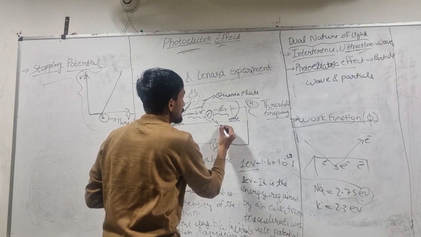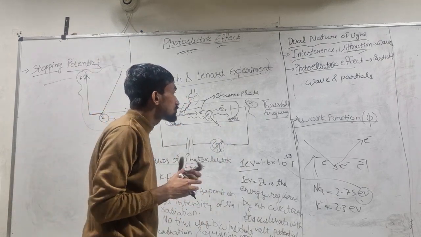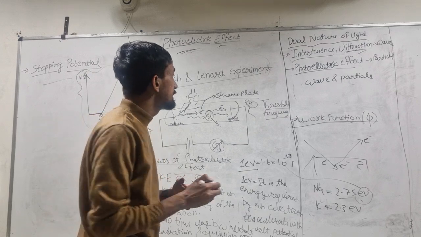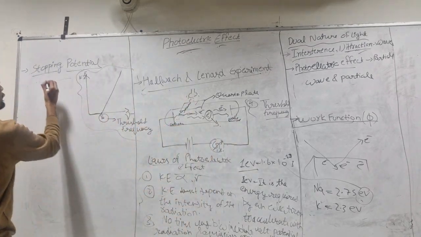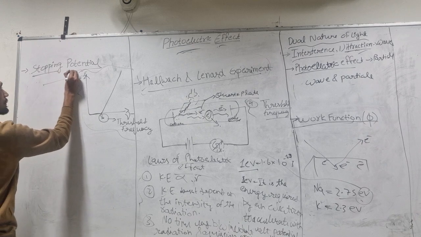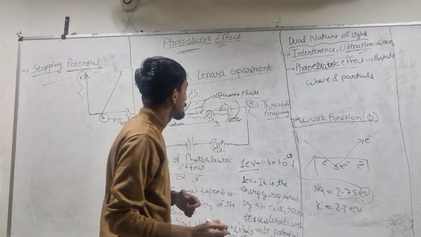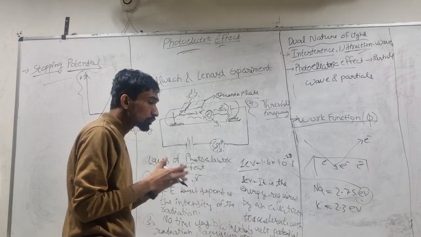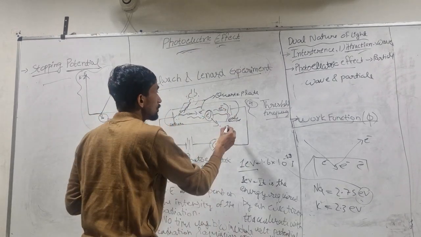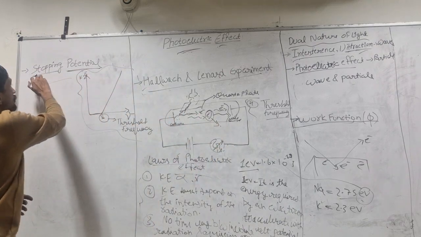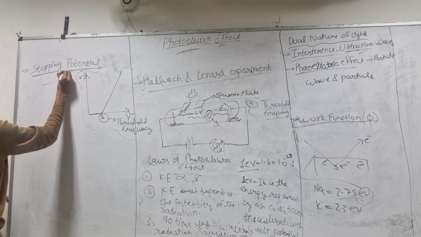Means the electron which has the maximum kinetic energy, if we want to stop it, the potential needed at this anode is called stopping potential.